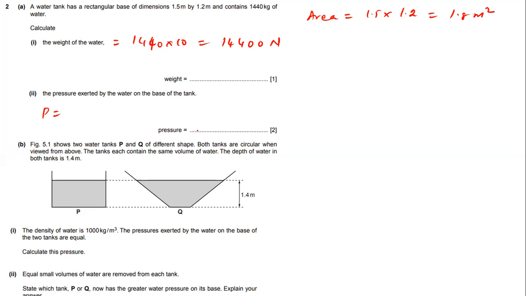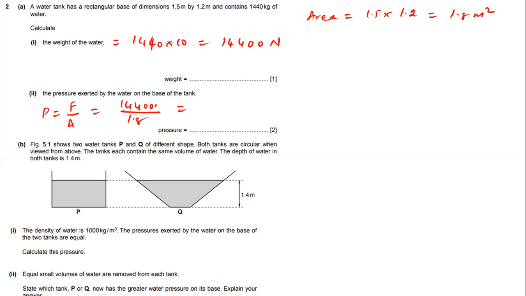So I got the area here, and then what is the next thing? The force exerted. So it's the force by surface area. What is the force? 14400. 14400 divided by 1.8.